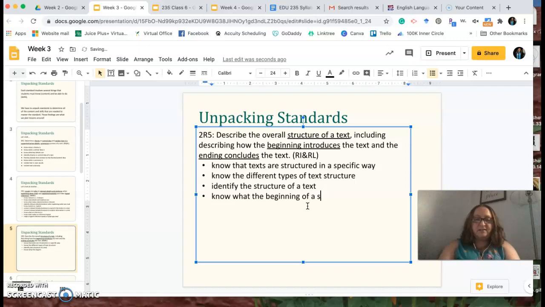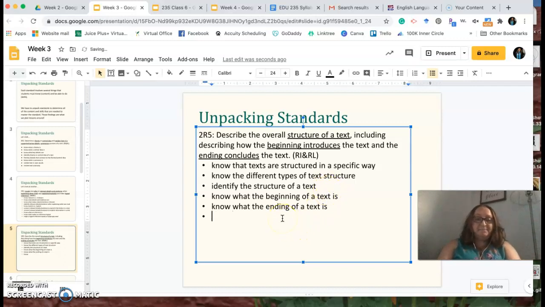Oh, it's not a story, a text. Sorry. And then know what the ending of a text is. They kind of have to know, well, it would probably fall in this one, knowing that the beginning of a text is what you start with and the end is what you end with. I'll leave that one alone.